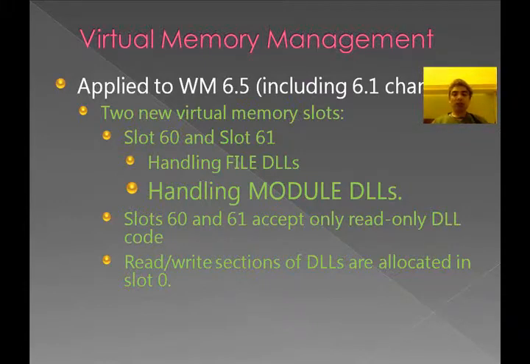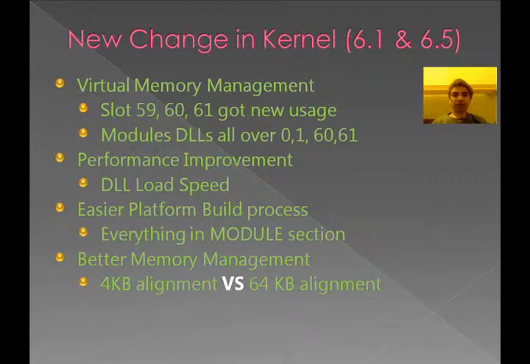However, slots 60 and 61 can accept only the read-only part of the DLL. The read and write sections of the DLLs are still allocated only in slot 0. So those are the changes we added on top of Windows Mobile 6.1 as Windows Mobile 6.5.